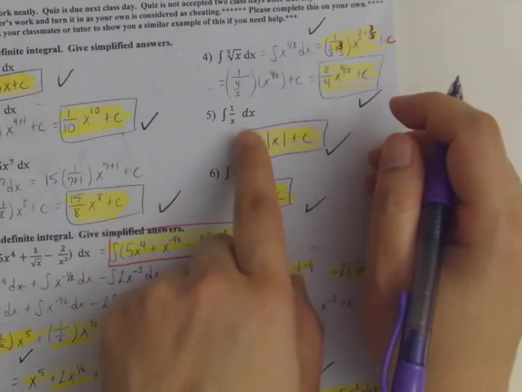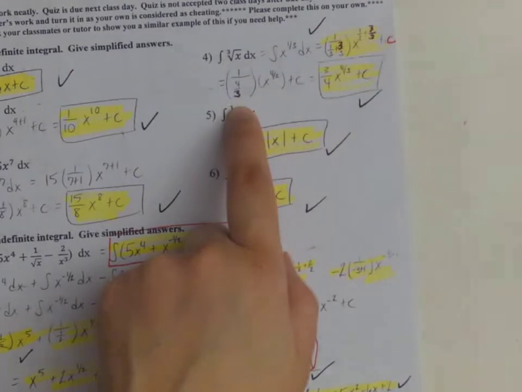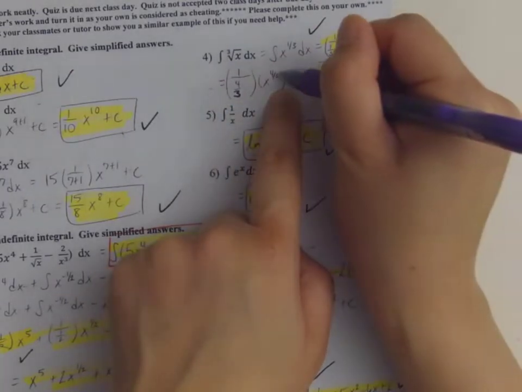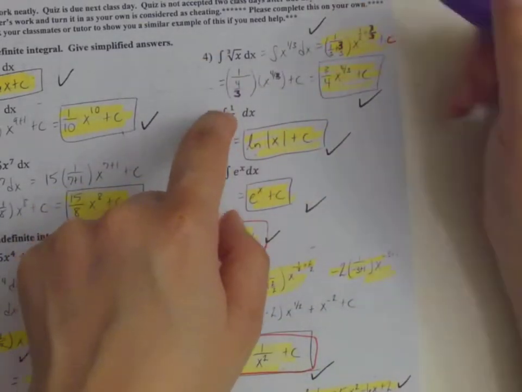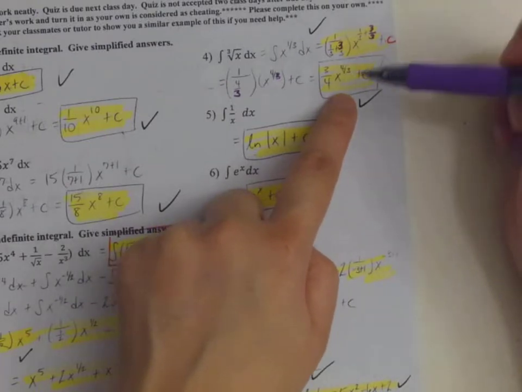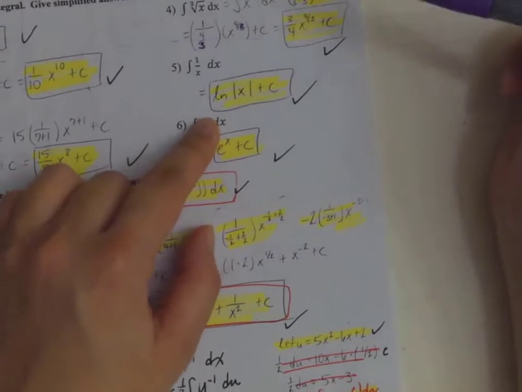So we got 1 over 4/3 for my constant, and the x is to the 4/3. When you have 1 over, basically you flip the fraction, right? So it's going to be 3 over 4, x to the 4 over 3. Don't forget your c.